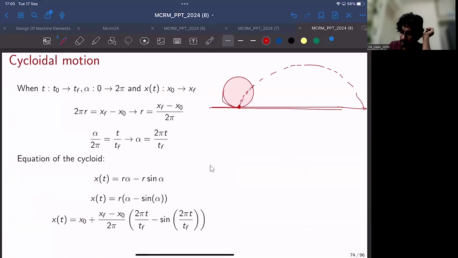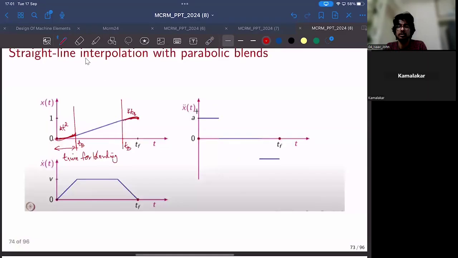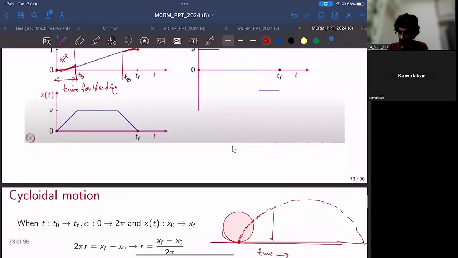So if you plan a trajectory as per the motion of this point, the projection of this point onto the time axis, that will give you the cycloidal motion.